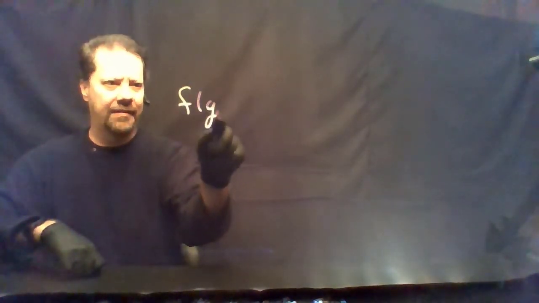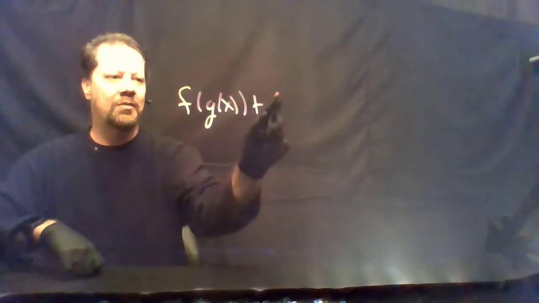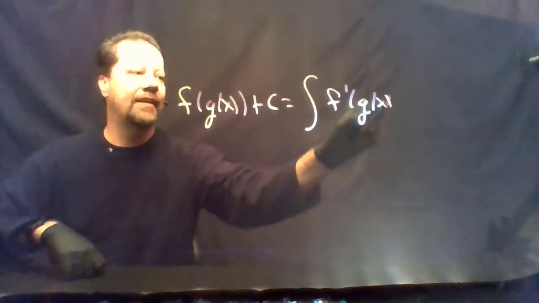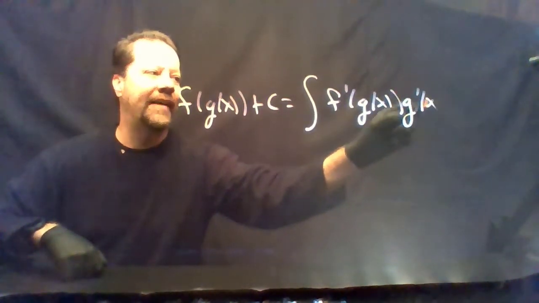It follows then that f of g of x plus c is the integral of f prime of g of x times g prime of x dx.